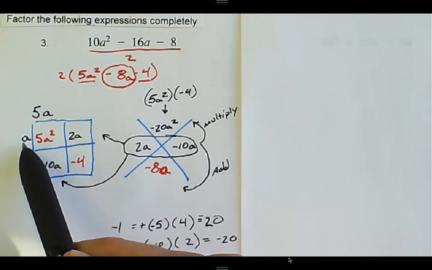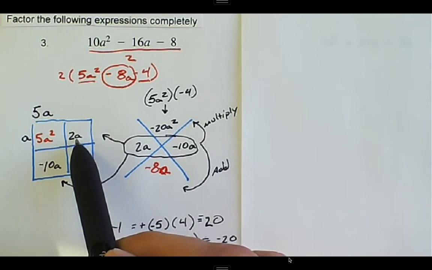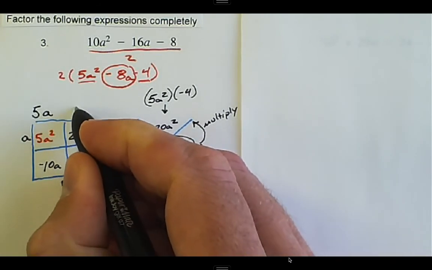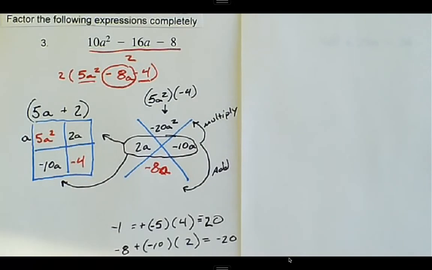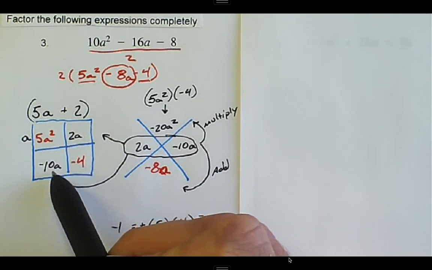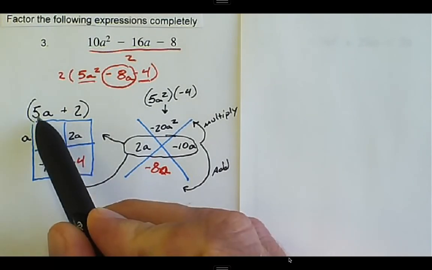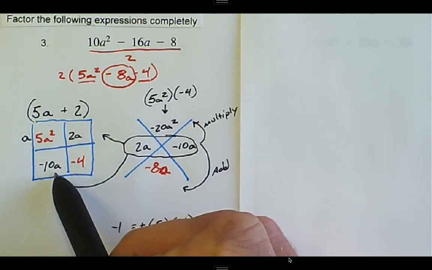Okay, so we have a, and what value do we have to multiply by a to get to 2a? So that has to be a positive 2. So this up top is one of our binomials in the factored form. And then we're looking at filling this, or what we have to do to get to this box right here. We have a 5a. So 5a times what will get us to negative 10a?